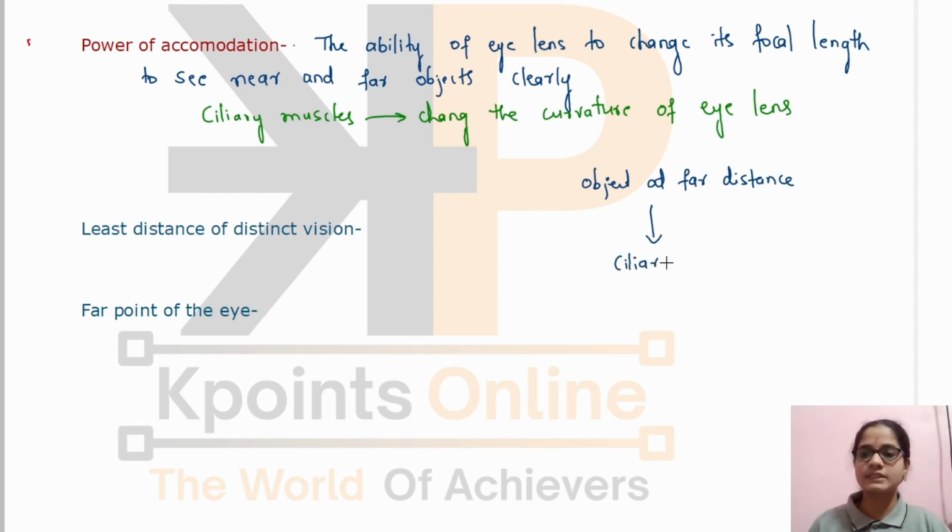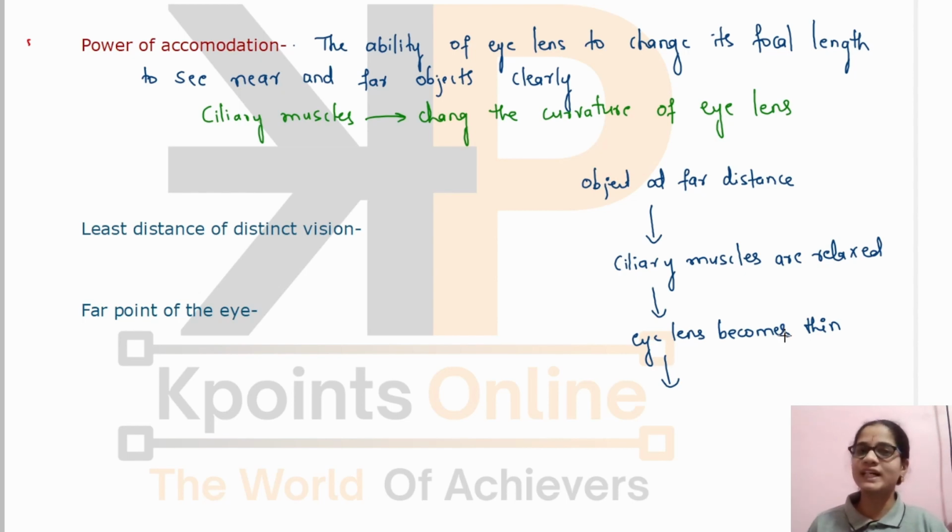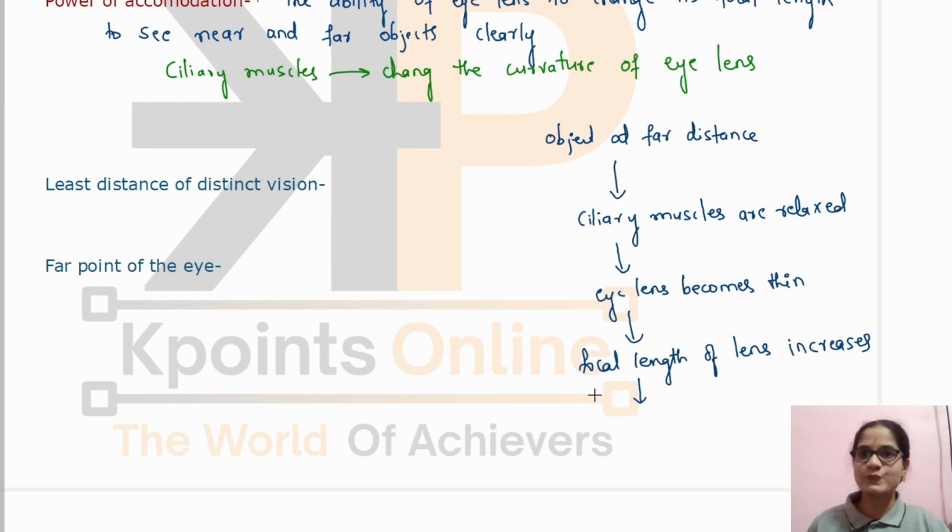And when the ciliary muscles are relaxed, the eye lens will become thin. What happens when the eye lens becomes thin? The focal length of the eye lens will increase, and we are able to see the distant objects.